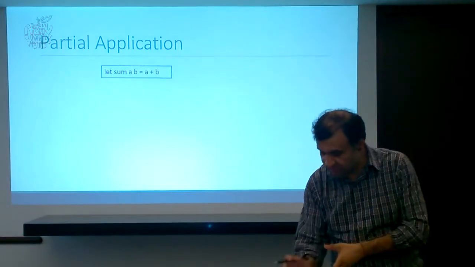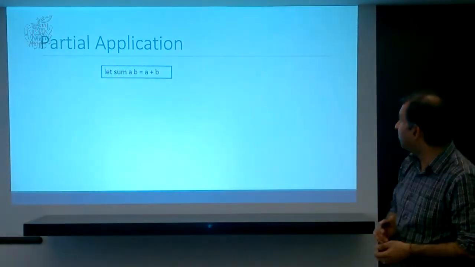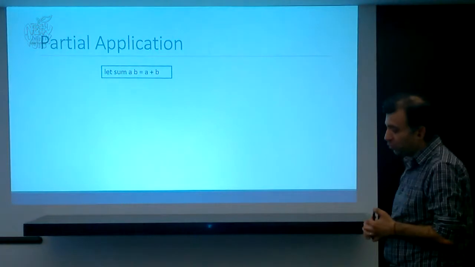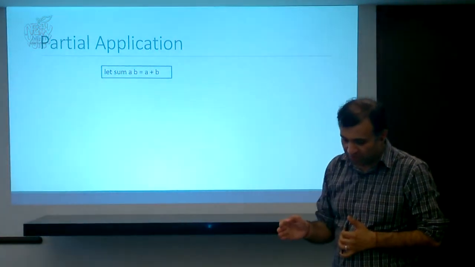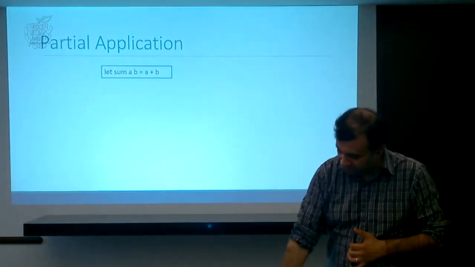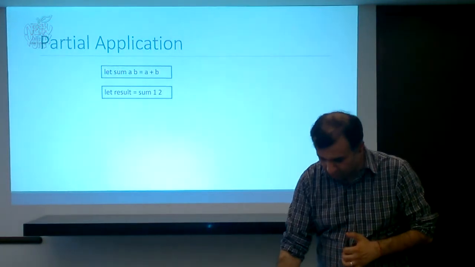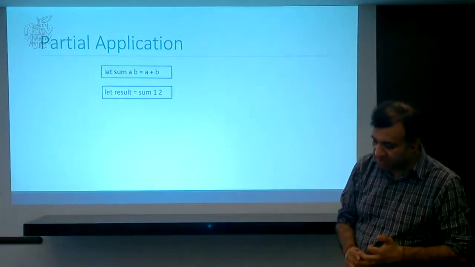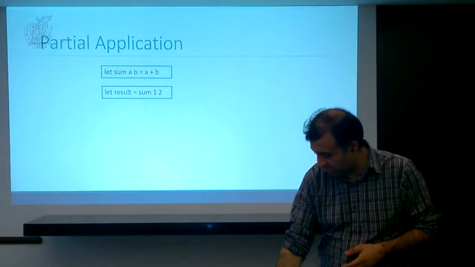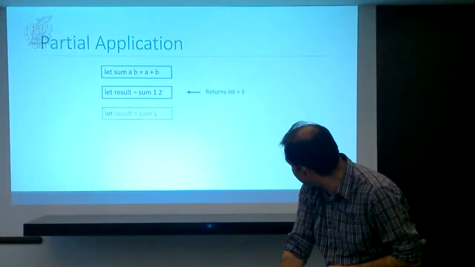Partial application. So this is again an example of a higher order function, how you can combine small functions to build bigger functions. So you have, okay, some applied to 1, 2, which is equal to 3, so that doesn't surprise you.